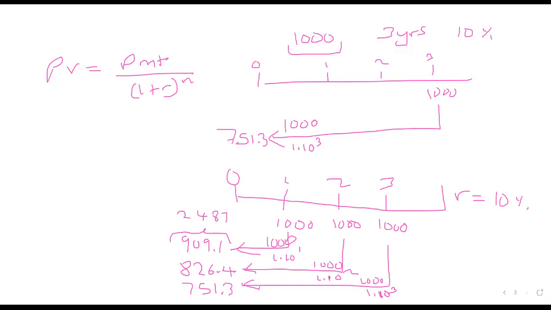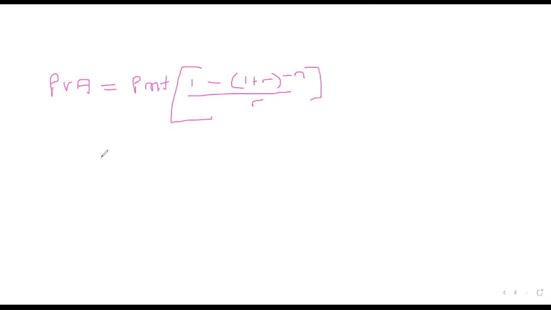So you can also use a formula of present value annuity, which is given by the payment times the annuity factor, which is 1 minus 1 plus R to the power negative n over R. So we have our payment here, which is 1,000.